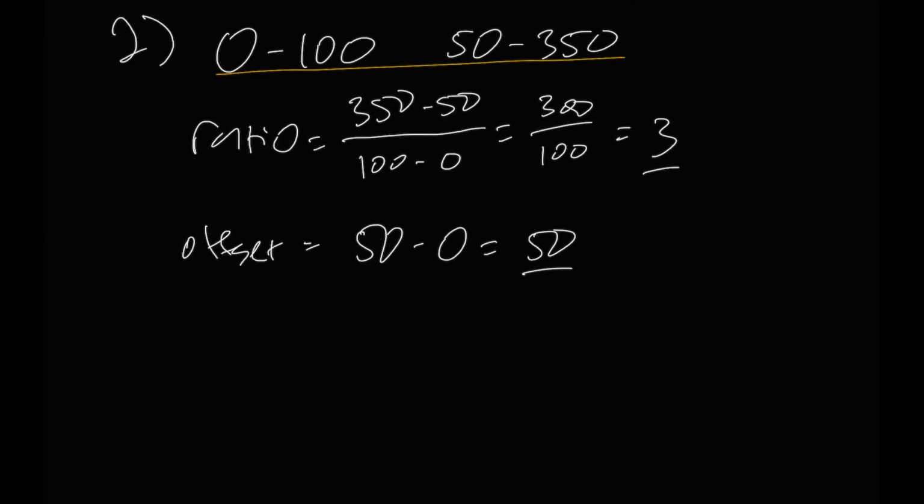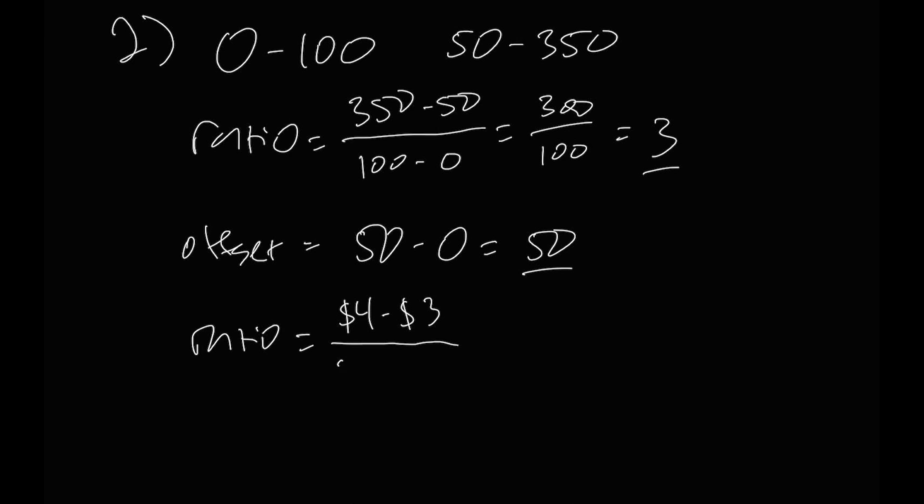Okay, so step by step again, to get the ratio, what we'll want is to do, we've got $4 minus $3 over $2 minus $1, and that gets us one number over another number, and then there's our ratio. So let's see if we can lay this out in Pure Data in a way that makes sense and in a way that gets us our answer in the correct order.